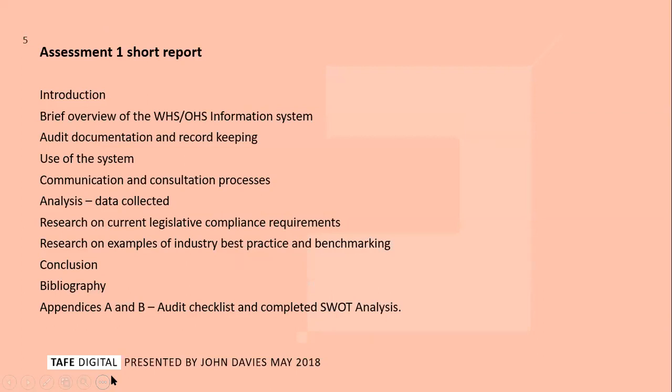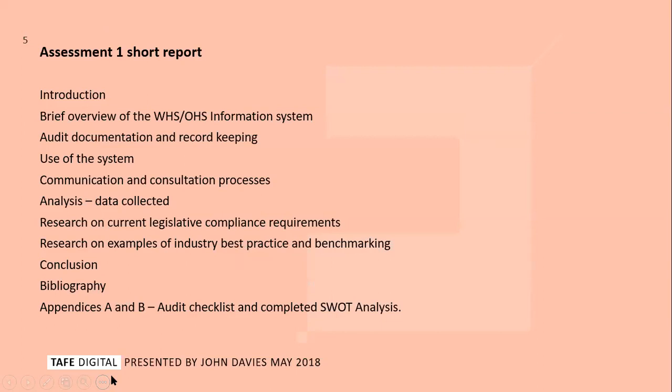Then we move on to communications and consultation, where based on previous assessments 502, we can use some of that information to dovetail into what this question's asking us: analysing data collected, the past trends and actions of unsafe acts, near misses, incidents, injury prevention, now and into the future.